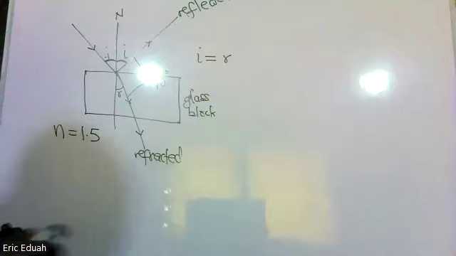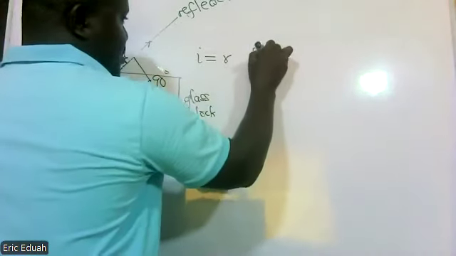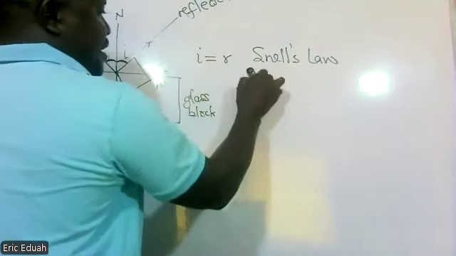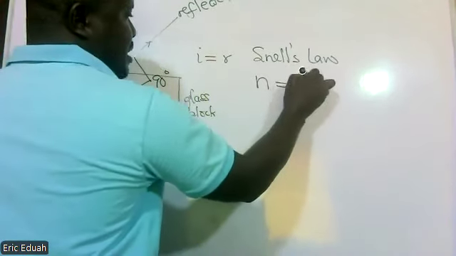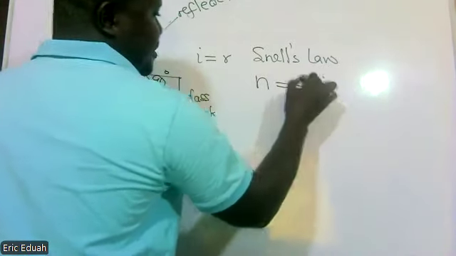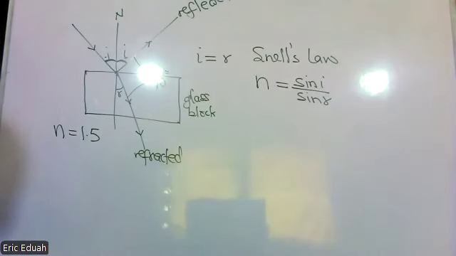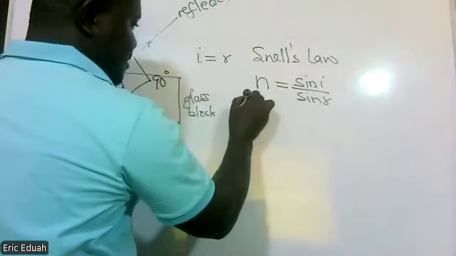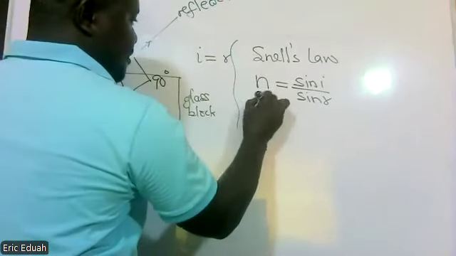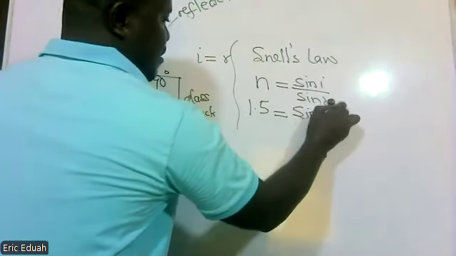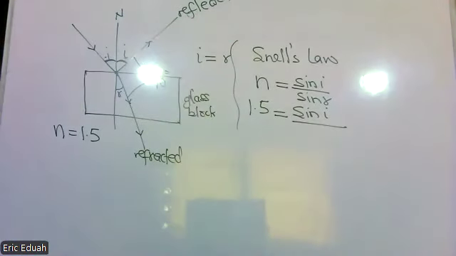So if we apply Snell's law, we have the refractive index equal to sine of I over sine of R. The refractive index, which is given to us as 1.5, will be equal to sine I over, now what is the value of the angle of refraction?